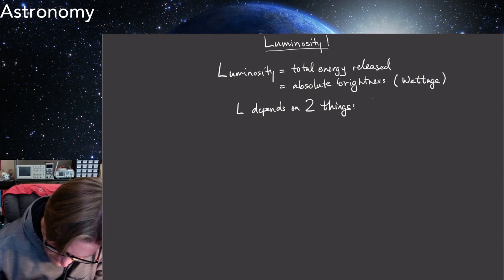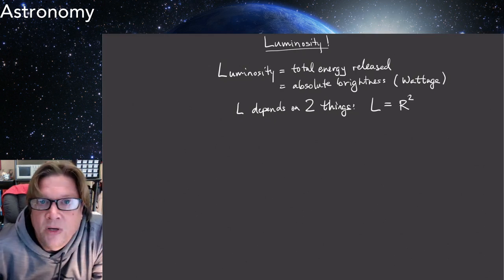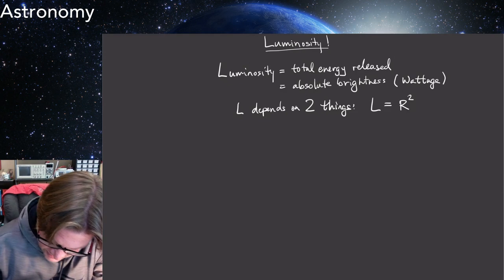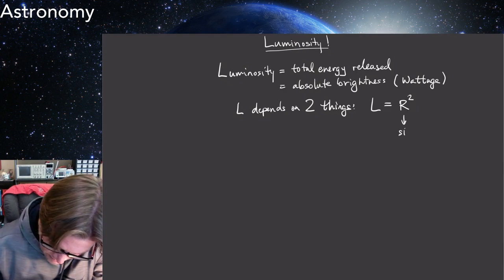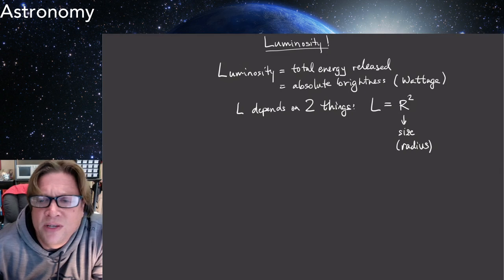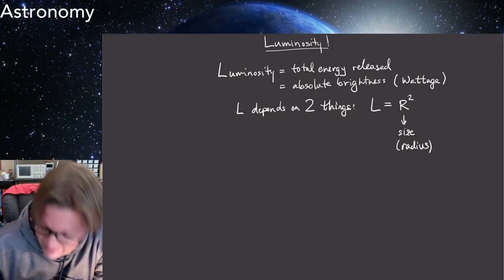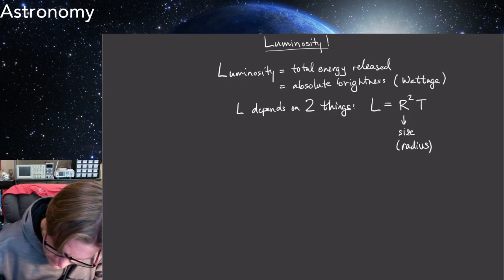The luminosity is just equal to R squared. This is the size of the star, the physical size, right? The radius. All these stars are pretty much spheres. So this is just the radius. You square it. And the temperature.